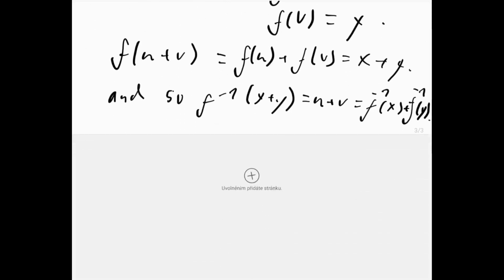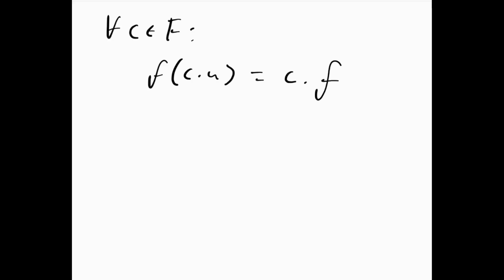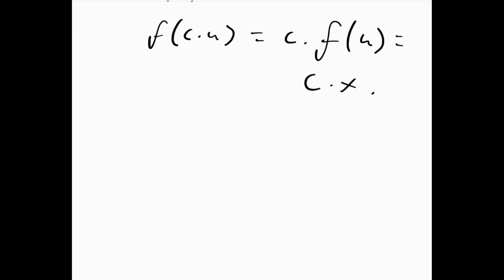All right. Also, for any c in the field, so any scalar c, we have F of c times u equals, taking the c out of this linear map expression, c times x, under the condition stated before.